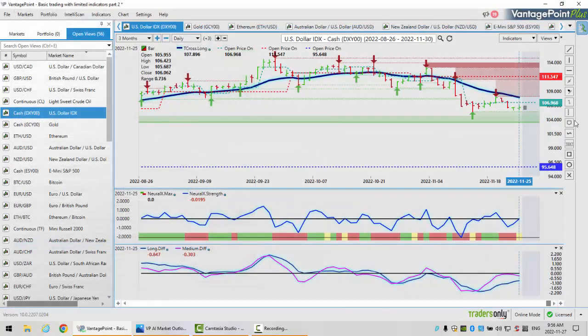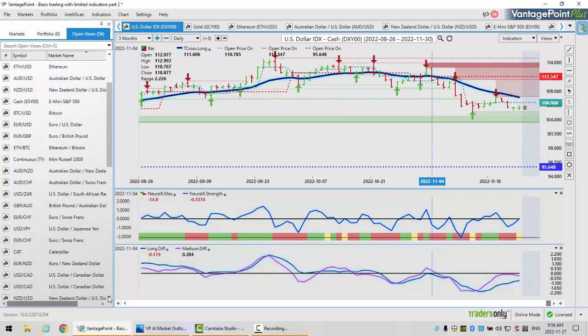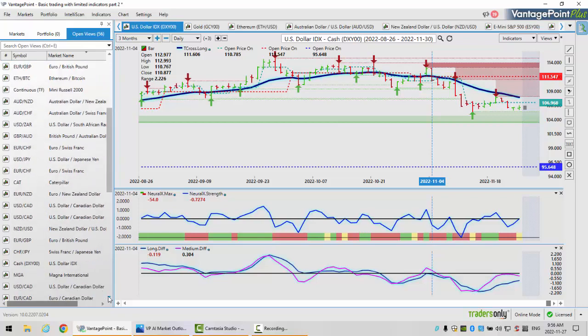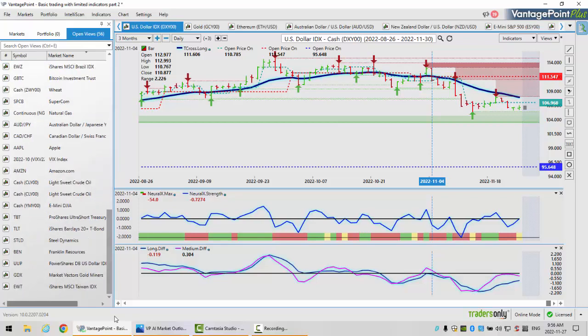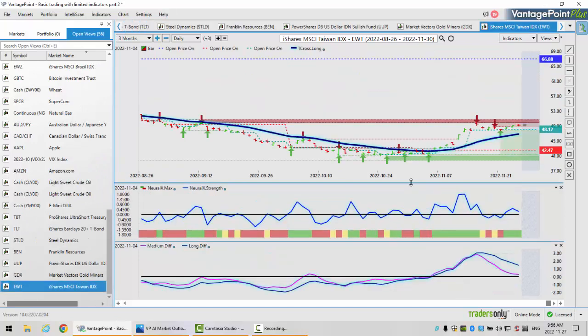So when we look at this right now, we can see that as the dollar broke down below the Vantage Point T cross long on November the 4th, the theory here then would be that if there is a 98% correlation between the dollar and that particular index, then that market should be going up on November the 4th.